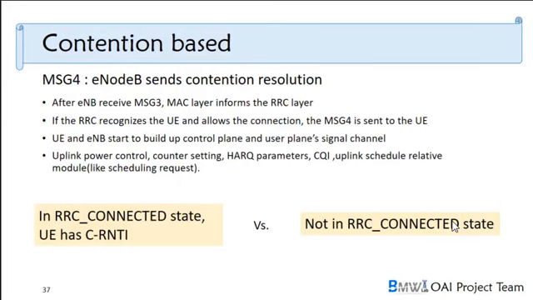And message 4 is the eNodeB sending the contention resolution. After the eNodeB receives message 3, the MAC layer informs the RRC layer that it has already connected with the UE. Then the UE and eNodeB start to build the control plane and user plane signal channels.